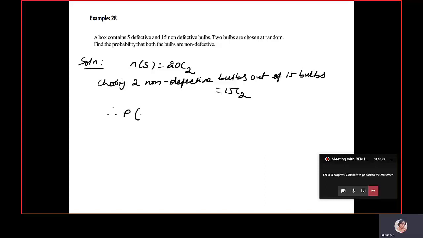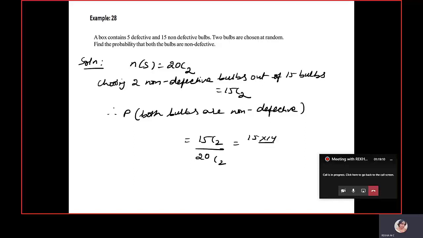So therefore the probability of both bulbs are non-defective is equal to 15C2 divided by 20C2, that is 15 into 14 by 2 divided by 20 into 19 by 2.